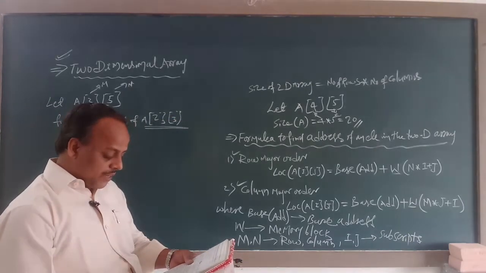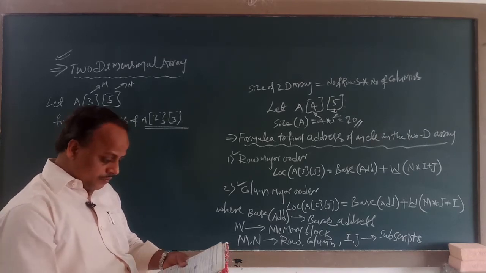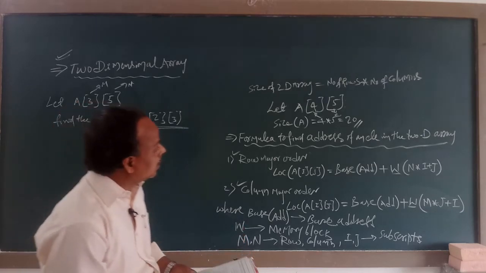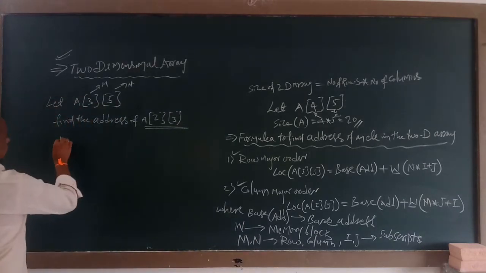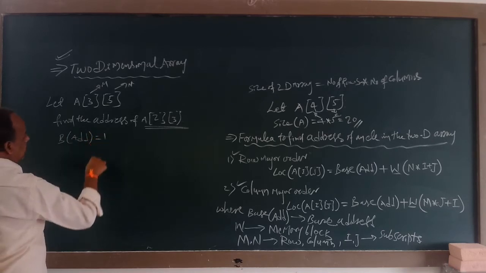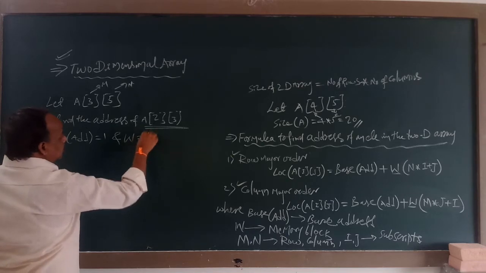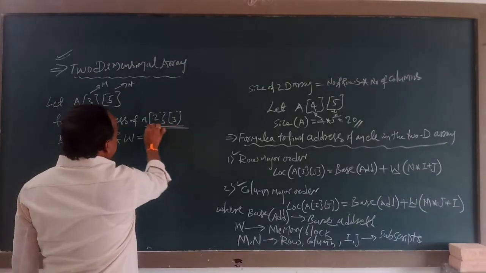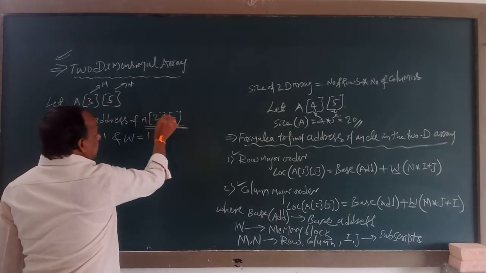And what is the given data here? Given data is base address is 1, and the word memory block is also equal to 1. Then we have to find the address of A of 2, 3.